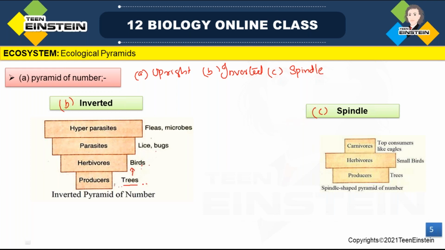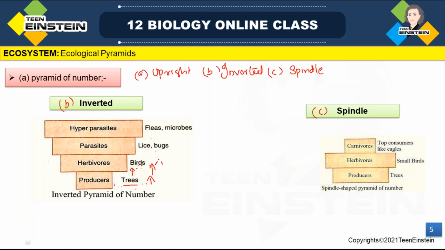From this, what you can understand is that the number of trees will be less. When it is moving to the next trophic level, that number is increasing. You can see here, compared to trees, the number of birds will be more.